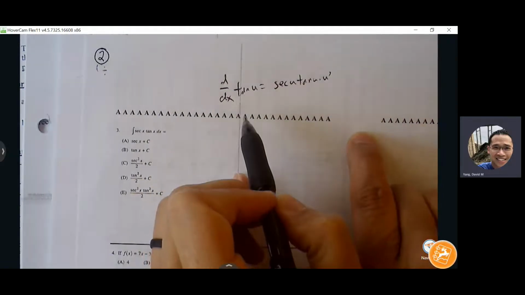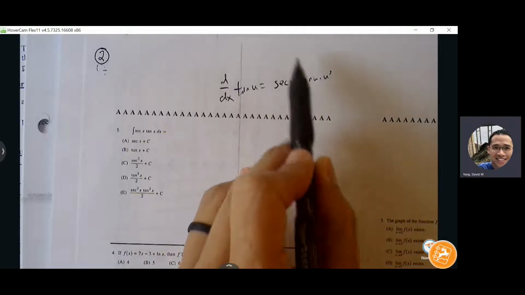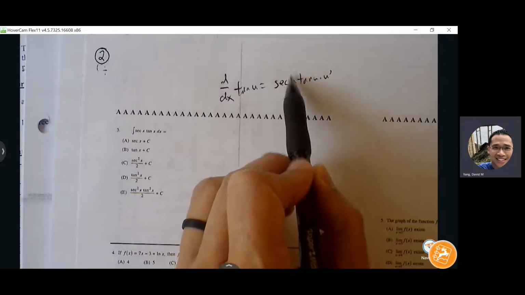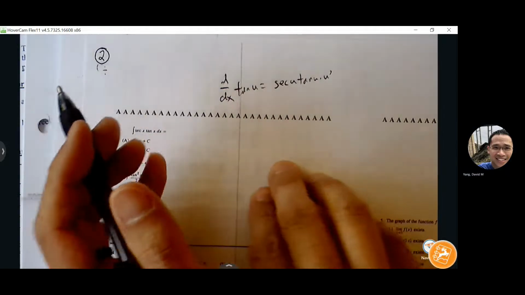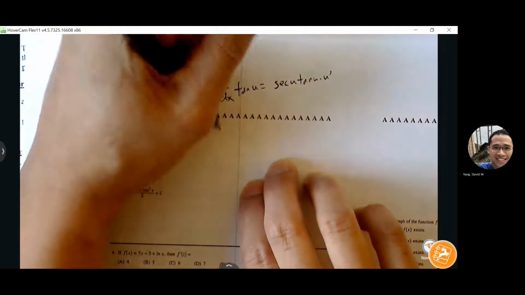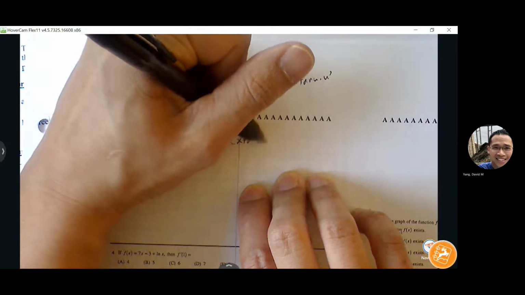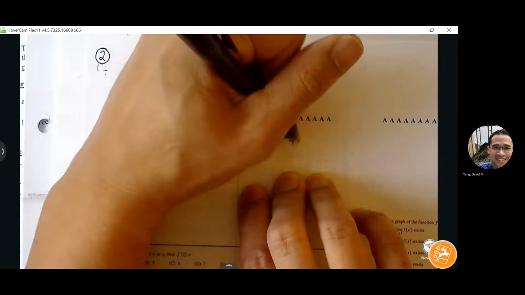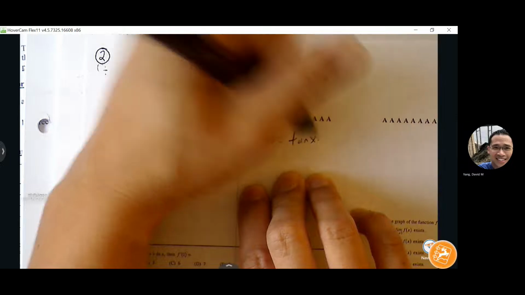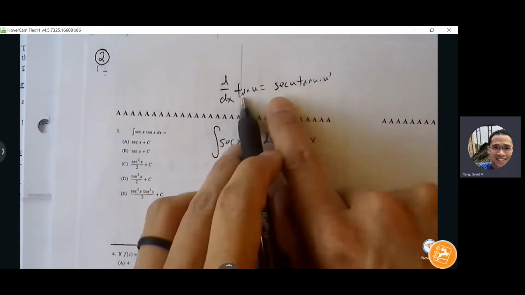the 6 main derivative rules, you can take the antiderivative going backwards, right? Secant tangent will take you back to tangent. I'm sorry. The derivative of secant is secant tangent.